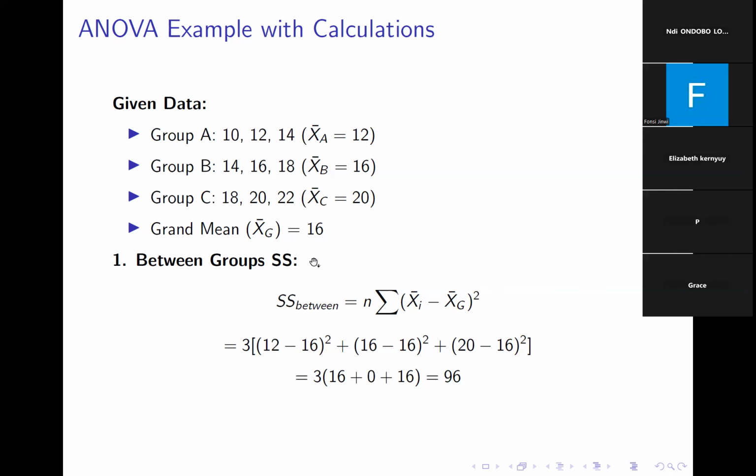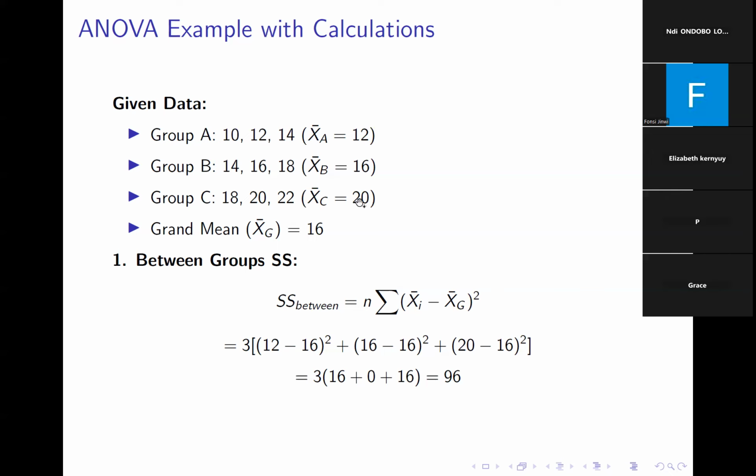To calculate the variation between groups, you will have to take the difference between the mean of each group and the group mean. The group mean is 16. Group A has a mean of 12, so the difference between 16 and 12. The second group has a mean of 16, so the difference between 16 and 16.